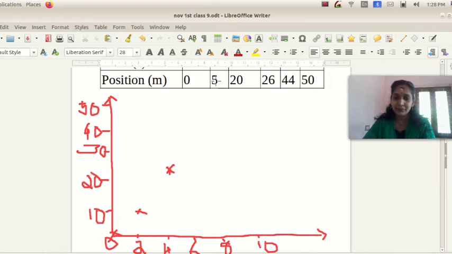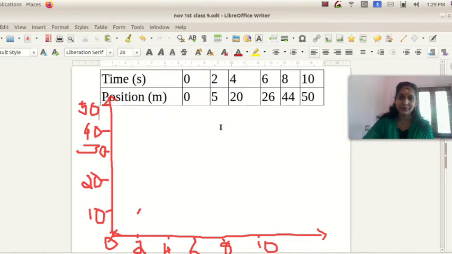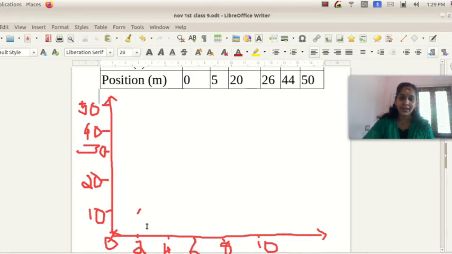Isn't it? So at 2 seconds, we should mark here 5 meter. Not exactly correct.